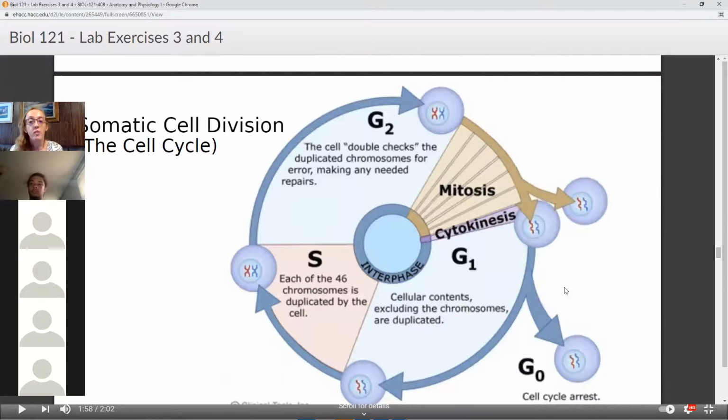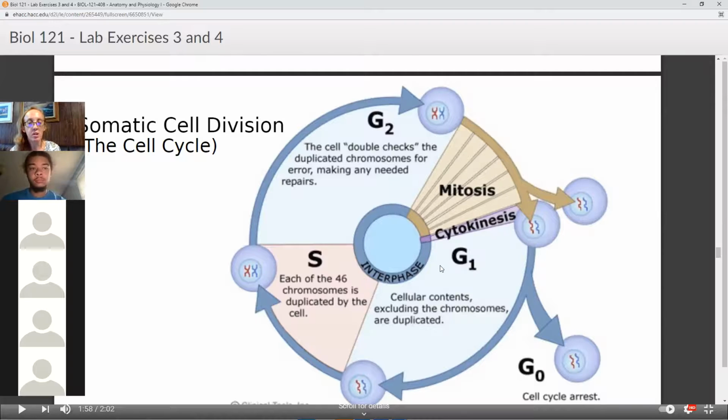So when we refer to the whole cell cycle, we have one phase here, interphase, where 3 things happen. During this G1 phase, all of the cellular components are duplicated, all replicated, except for the chromosomes, the DNA.